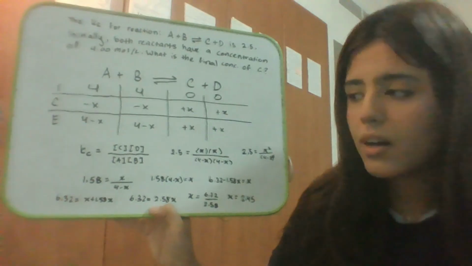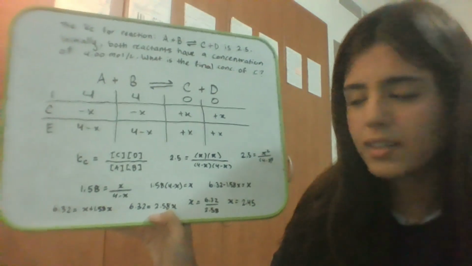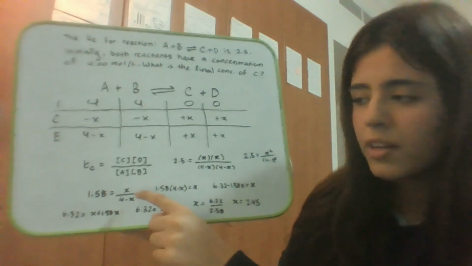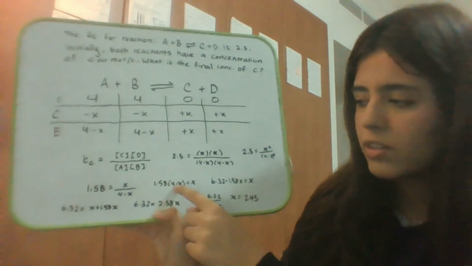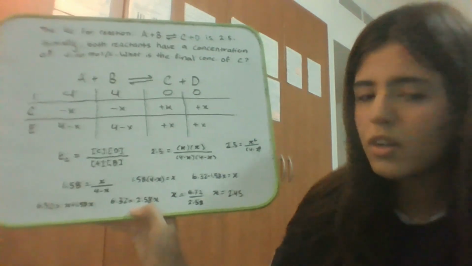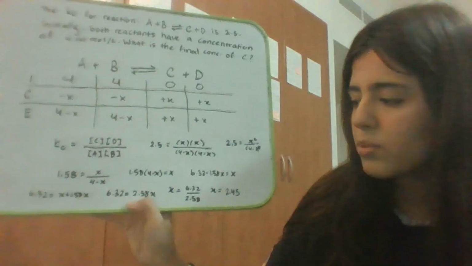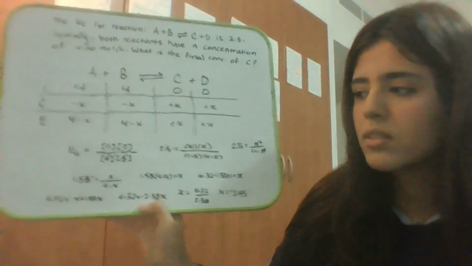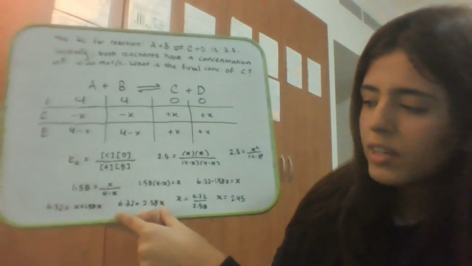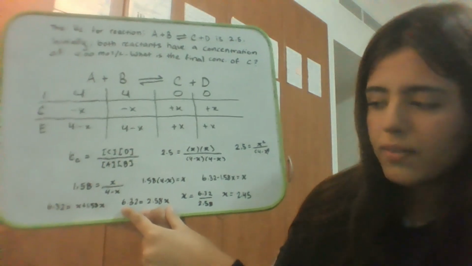Now we're going to isolate and find what the value of x is. So 1.58, because 4 minus x is being divided here, you'll move it to the other side and it'll get multiplied. And then you'll expand the 1.58 onto each term. So you get 6.32 minus 1.58x equals x. You'll move the x terms to one side and add them, and you'll get 6.32 equals 2.58x.